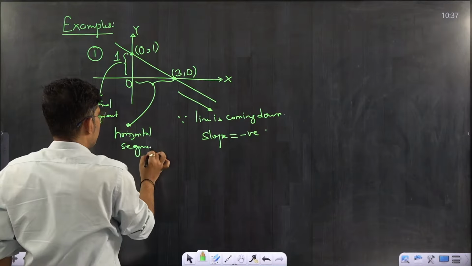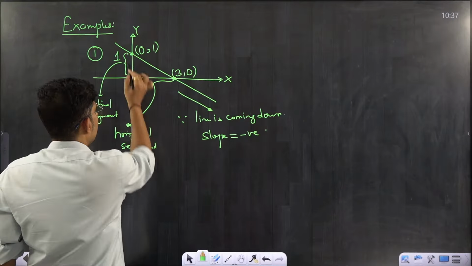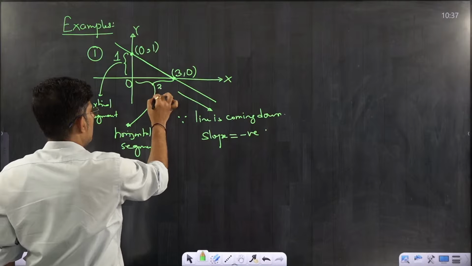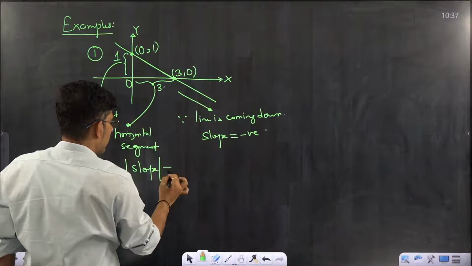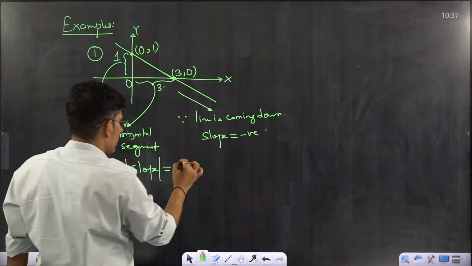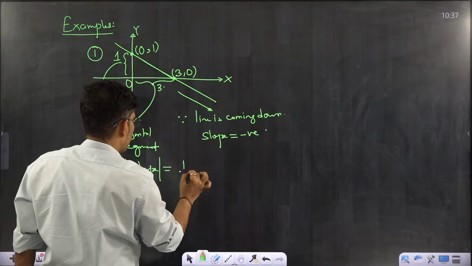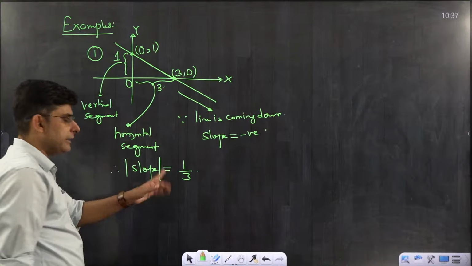If you see this segment of the line, this much portion only, you are seeing the horizontal segment. How much is this? 3. So I will say the magnitude of slope, I said, is vertical by horizontal. So it will simply become 1 by 3. Magnitude is 1 by 3.